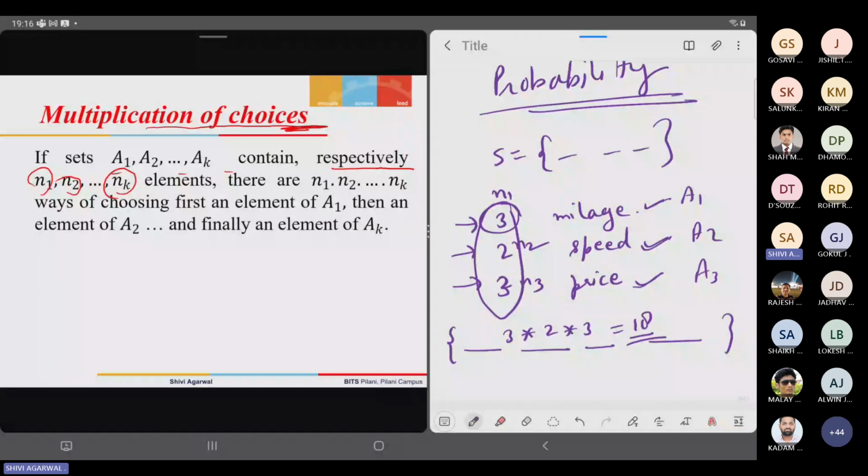Now good. Now audible. Maybe there was some problem at that time. Now the slides are visible and I'm audible.